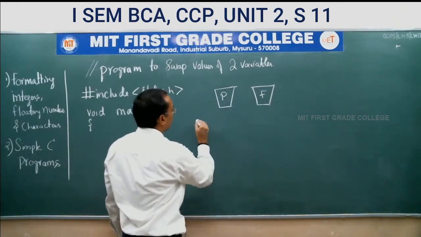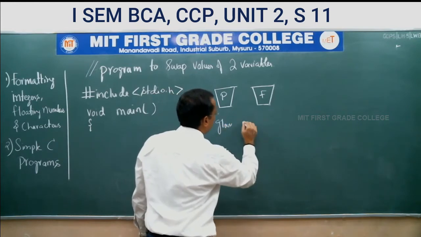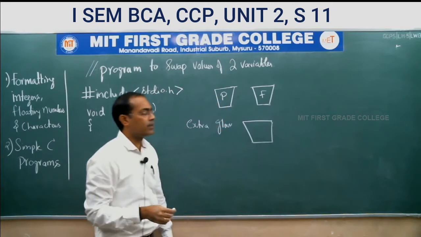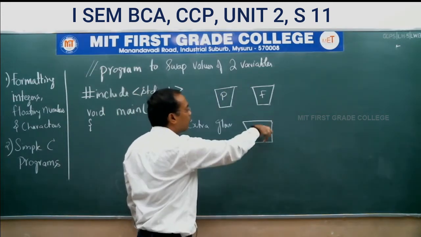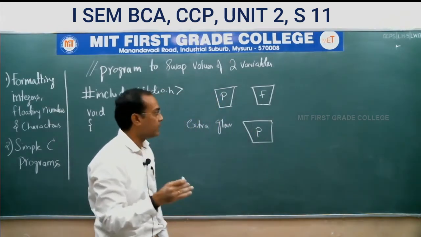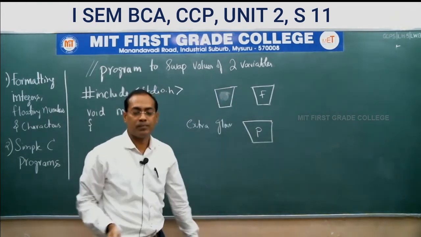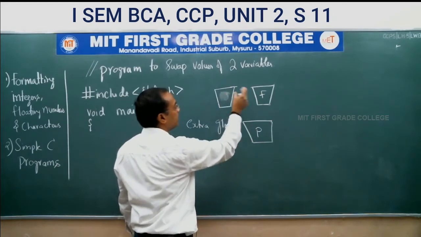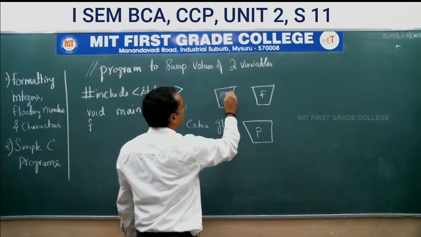What you do is take one extra glass. Once you take an extra glass, first step, take the Pepsi glass and pour it into this. So now this extra glass has Pepsi and the Pepsi glass is now empty. What is the next step? Since this is empty, take the Fanta glass and pour it into the Pepsi glass.